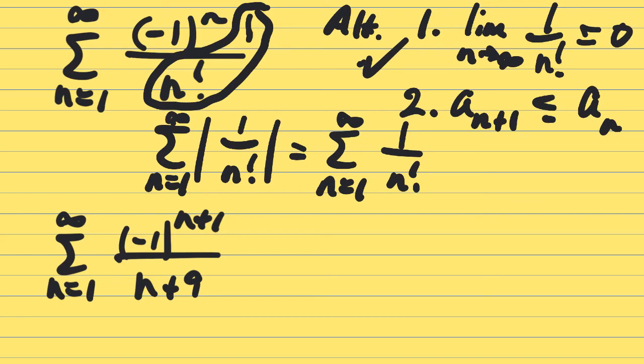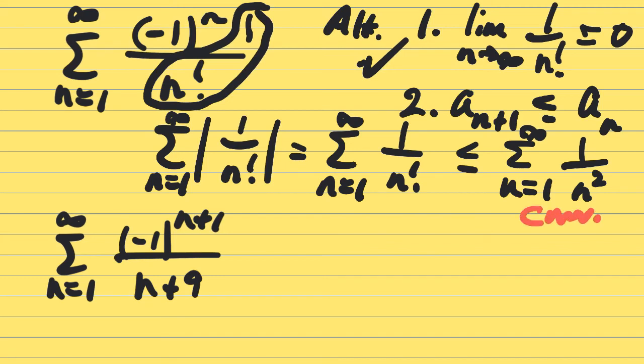You bet. It is always going to be smaller than 1 over n squared. And just remember, and I know there's a lot to remember, but if a large one converges, a smaller one does too. Very good.